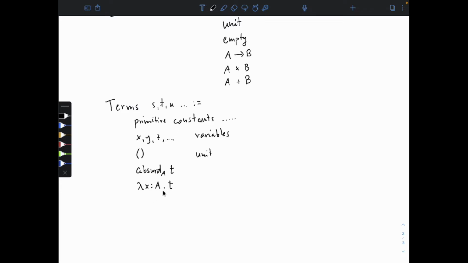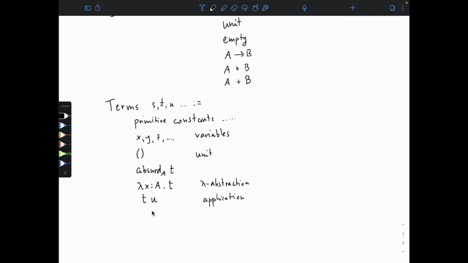Then we can also have applications, which just means I can apply one term to another. This is called lambda abstraction. This is called application. Now I'm done with functions.